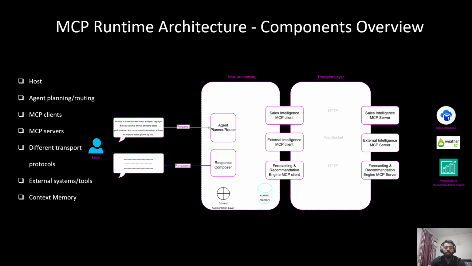Now, there may be a question: which tool can be used to serve as the context memory? We generally use a VectorDB, for example Pinecone or ChromaDB, to serve as context memory.